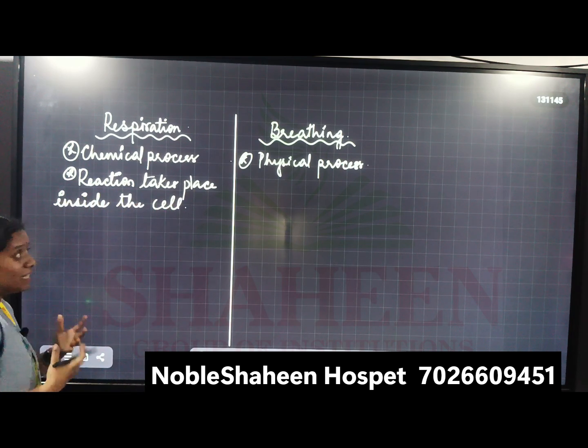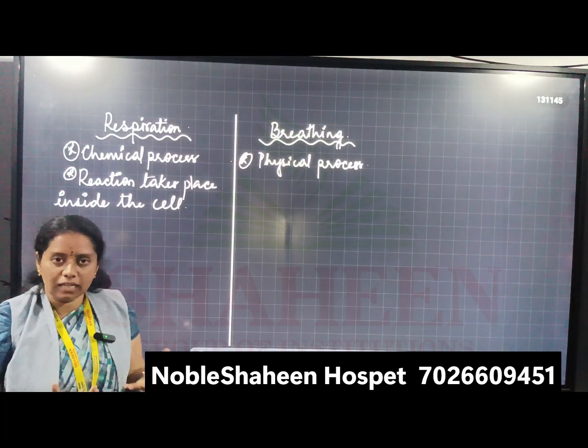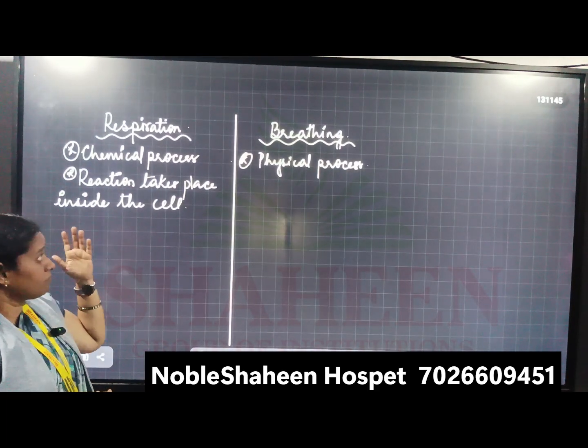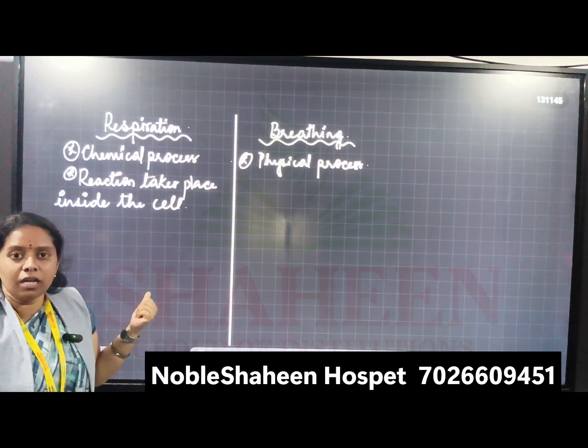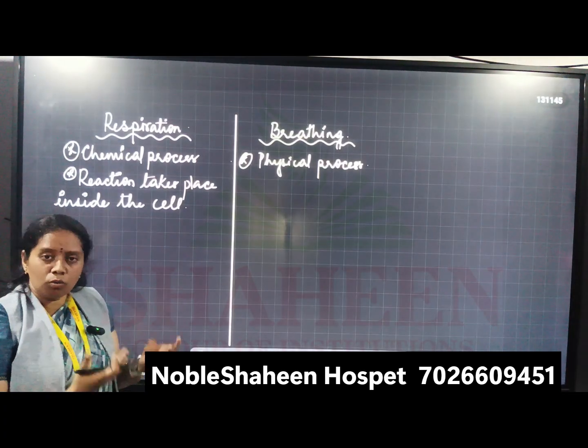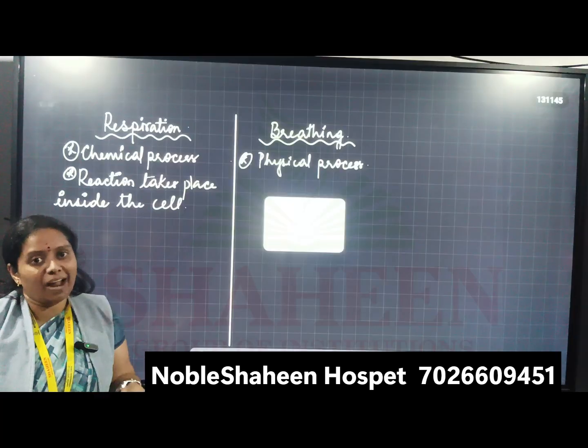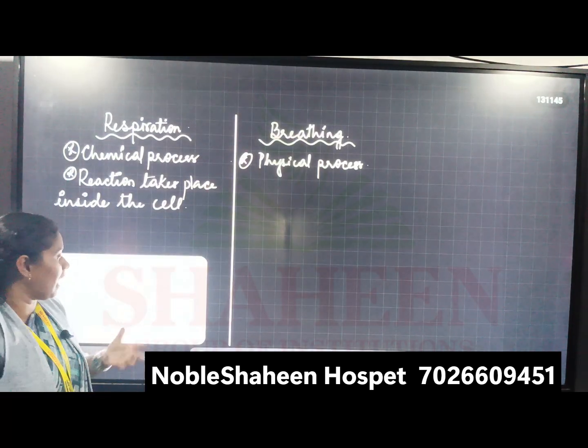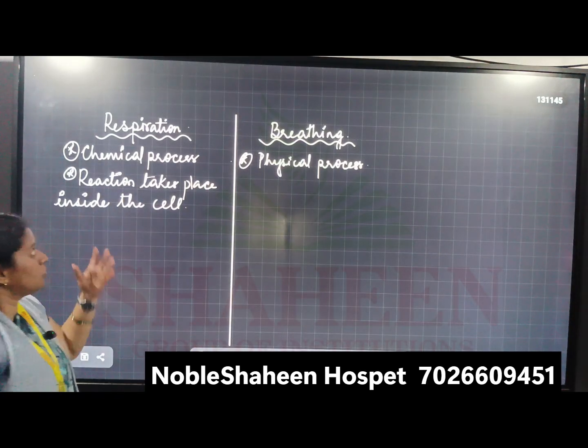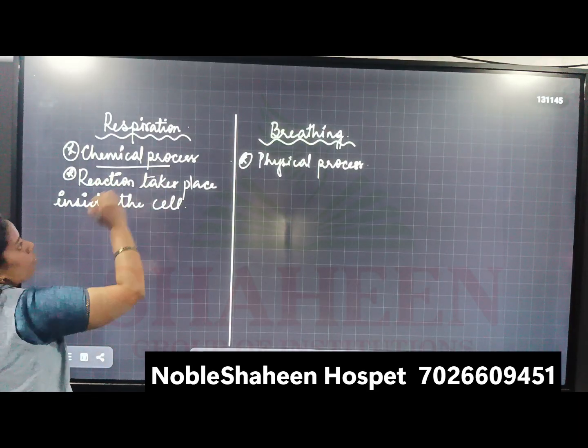So it was very much clear in yesterday's part itself, that is, the cell uses oxygen to break down glucose or amino acids or even fatty acids so that we can get our energy out here, right? So that is why it is called a chemical process.